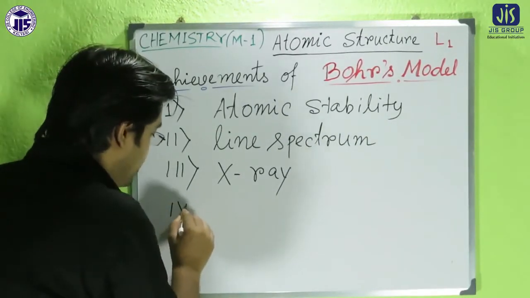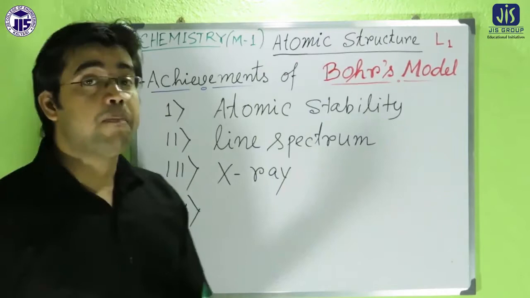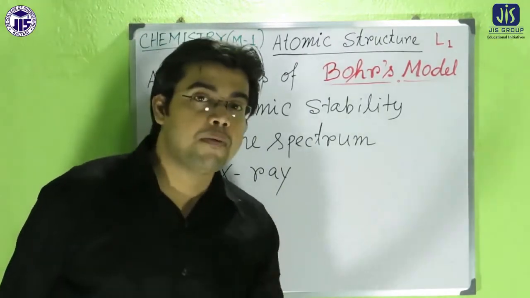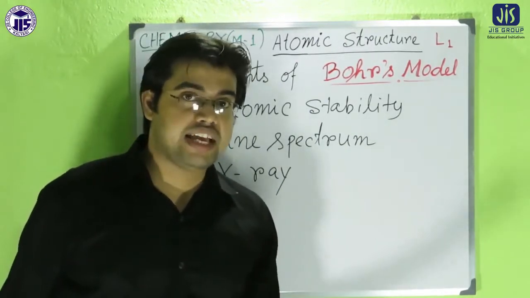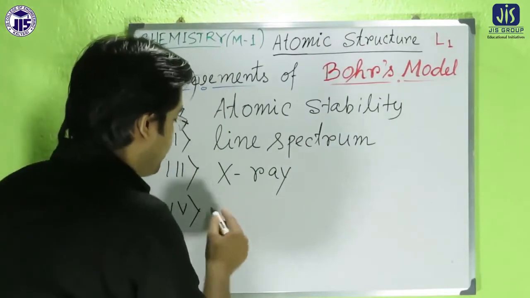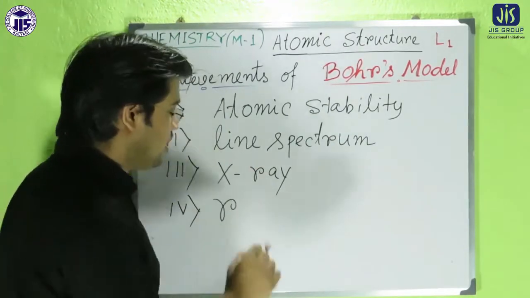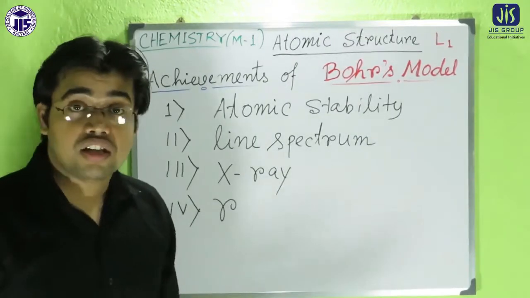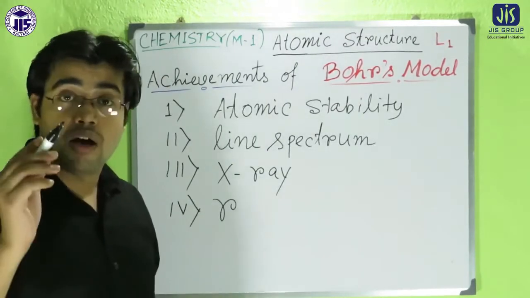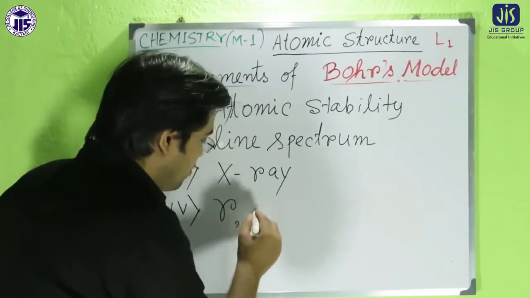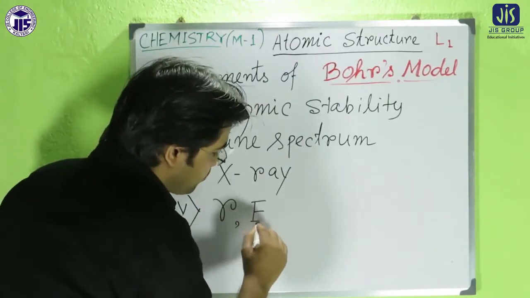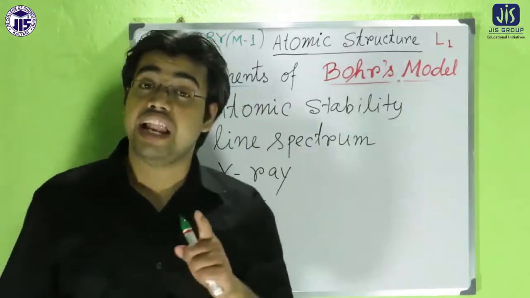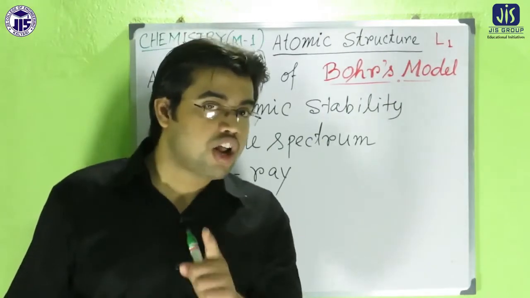Fourth point, and the most important point: with the Bohr model we can determine some parameters, for example the radius of the Bohr orbit. We can determine the expression of the radius of the Bohr orbit. We can determine the energy of a particular electron in a particular orbit.